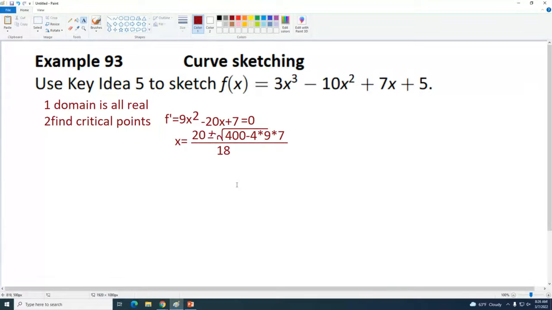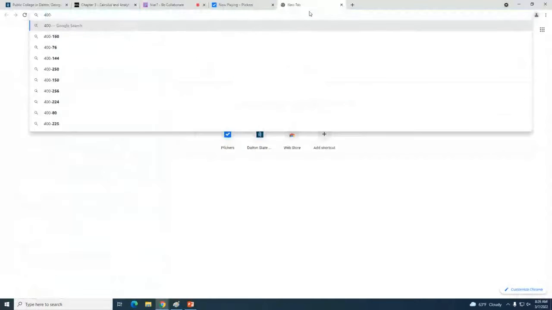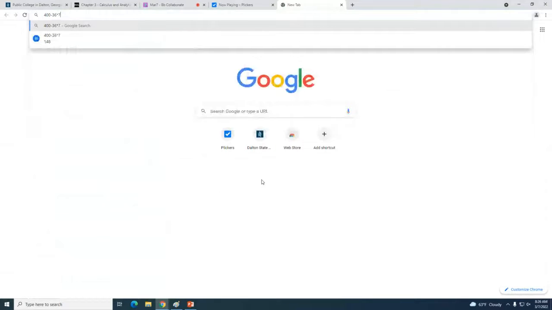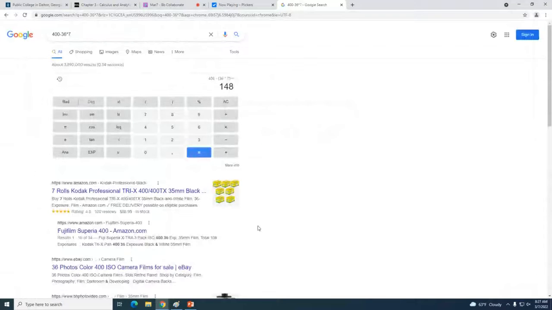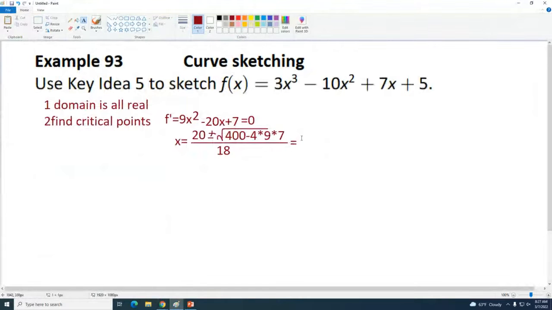All right, let's use a calculator to see if that works out. So 400 minus 4ac is 148. So x is equal to 20 plus or minus the root of 148.